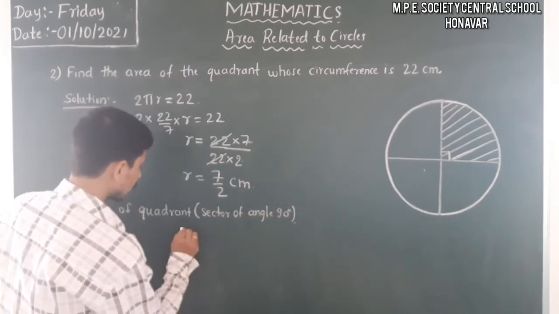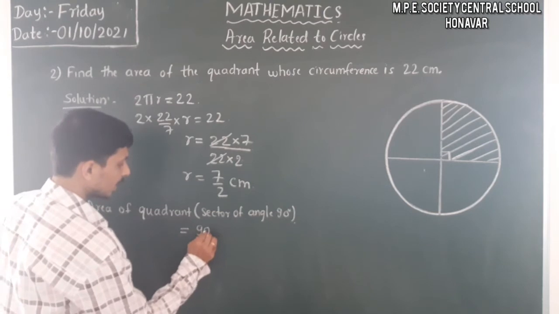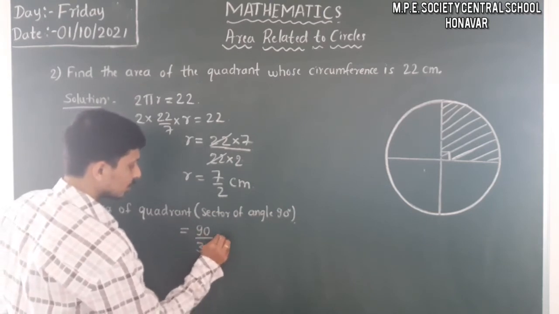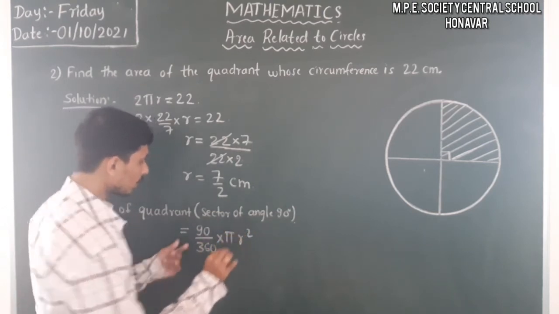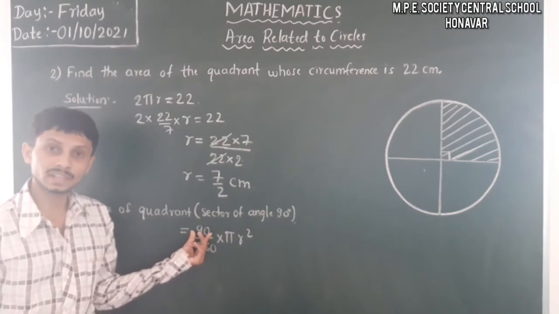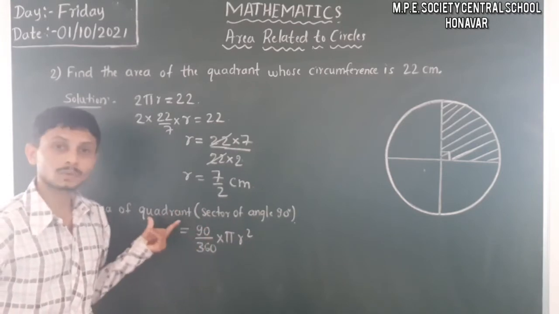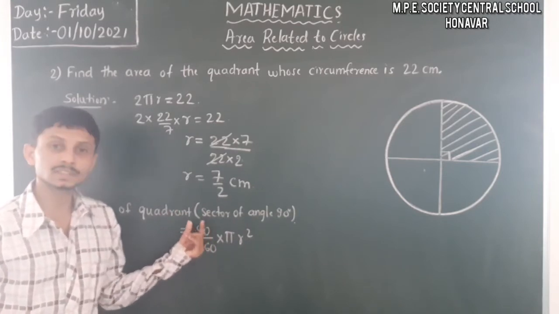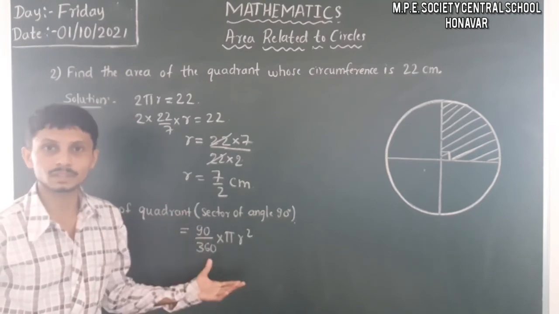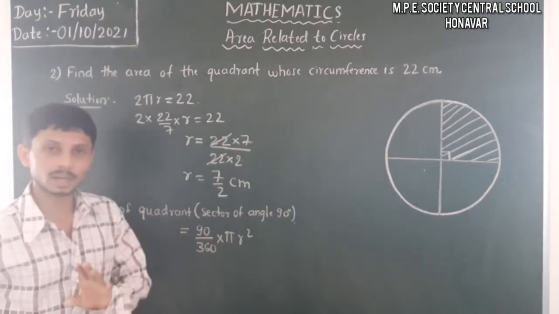So it is equal to 90 by 360 into pi r square. I did not write theta here because the angle of a quadrant is known, it is understood. So that's why I did not write it.